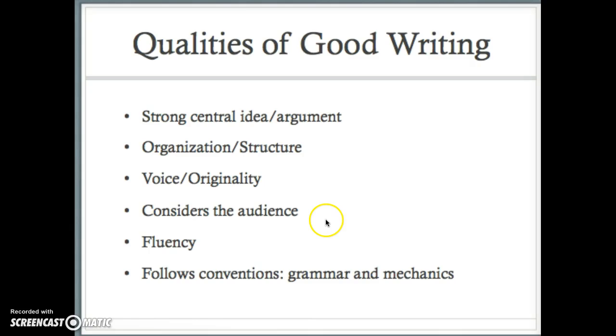This is an English class, so we like when you pay attention to the details of a text. Look at the word choice, look at metaphors, look at symbolism. So use the kind of discursive tools that English students like to use when writing your paper.